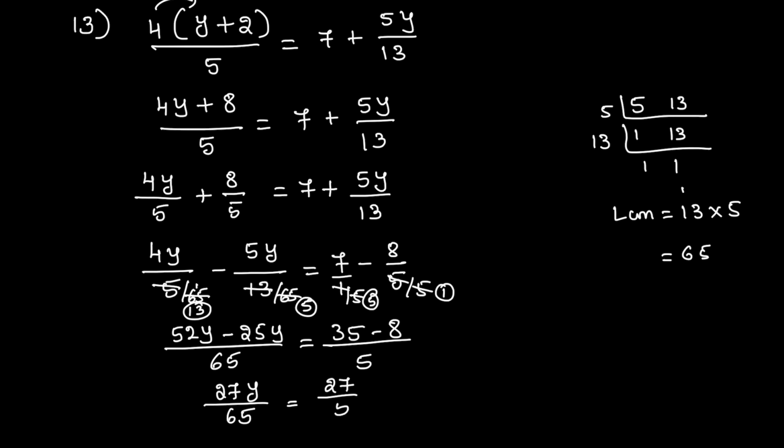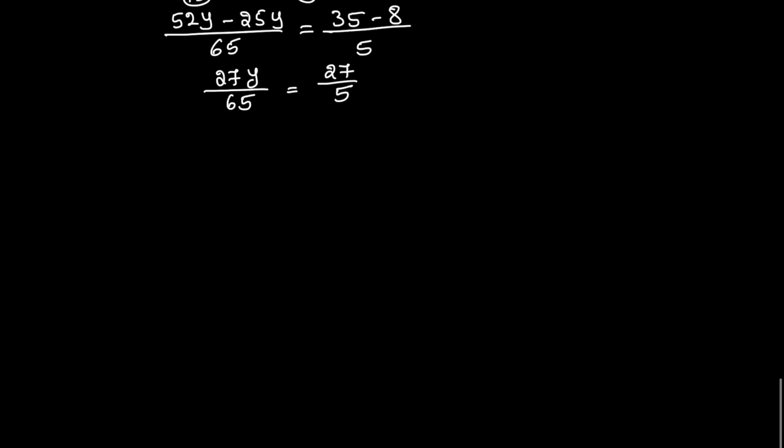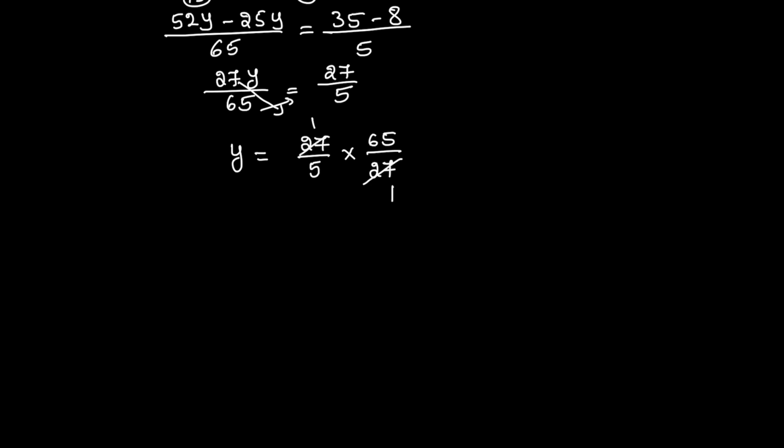So let's cross multiply this. 65 will go to the numerator and 27 will come to the denominator. We are calculating the y value: 27 by 5 and 65 divided by 27. 27 ones are 27, 27 ones are 5, so our y value is 13.